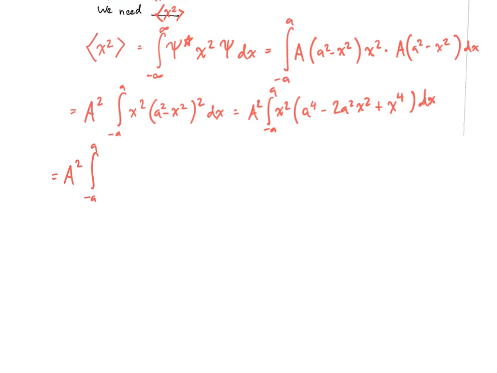Now I'm going to spread out and distribute that x squared among all the terms. So let's see what we get there. a to the fourth x squared minus 2a squared x to the fourth plus x to the sixth, dx. Okay. And then I get the antiderivative of that. It becomes A squared.